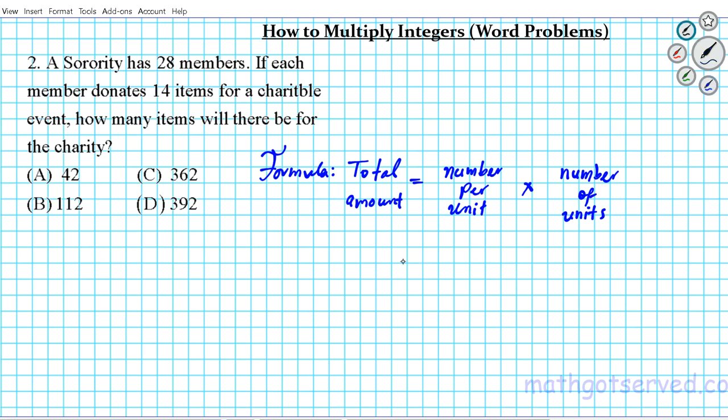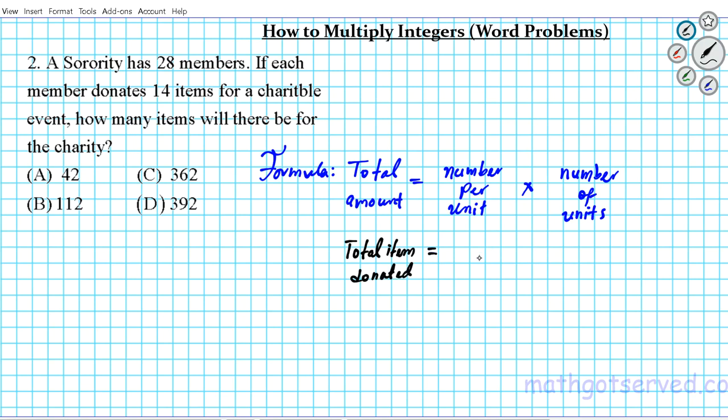In this formula, we're asked to find how many items total, the number of total items donated.